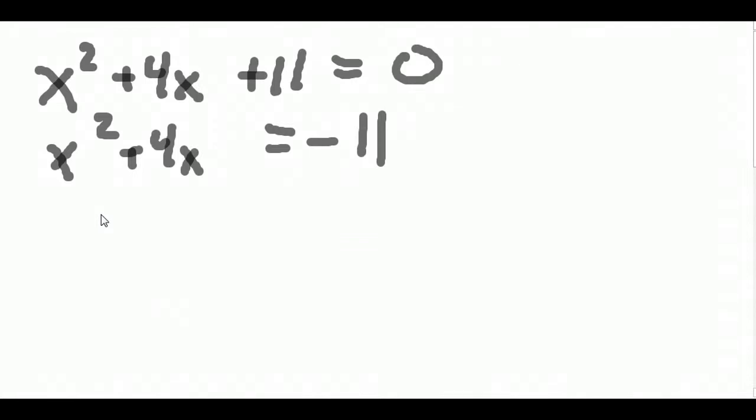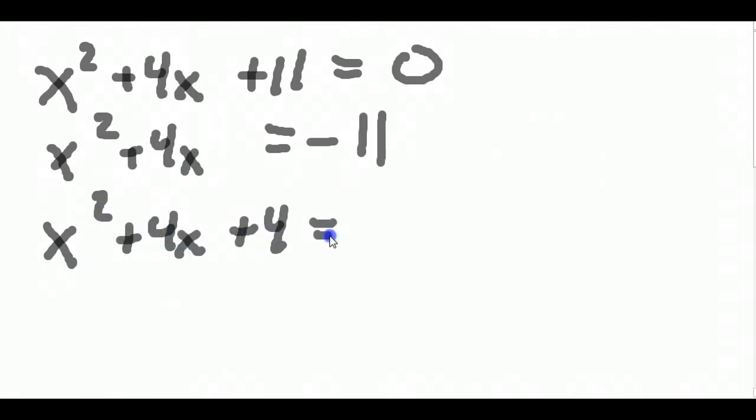Okay, so what is our C term going to be if we have x squared plus 4x? It's going to be 4, because half of your B term is 2, square that is 4. So we have x squared plus 4x plus 4 equals negative 11 plus 4.